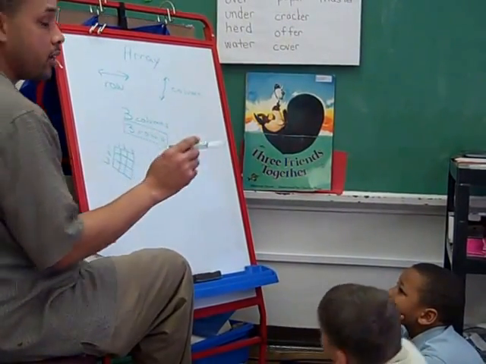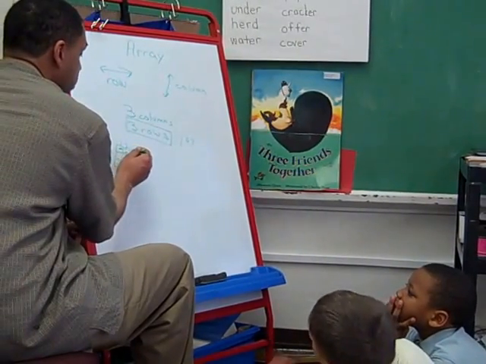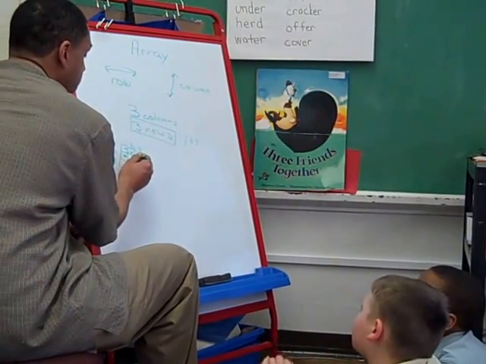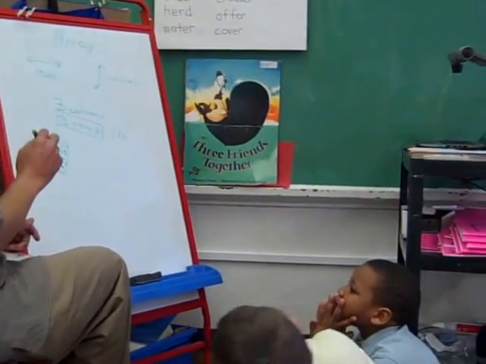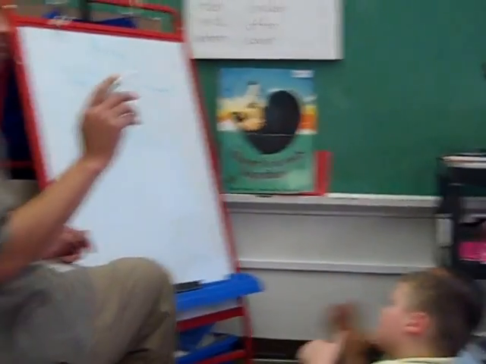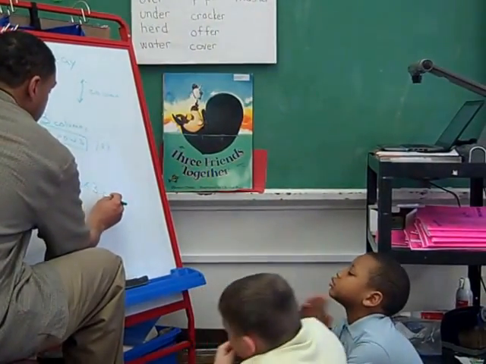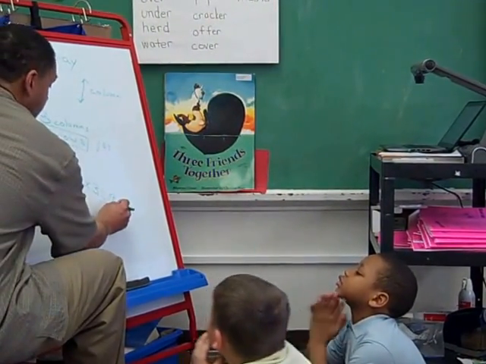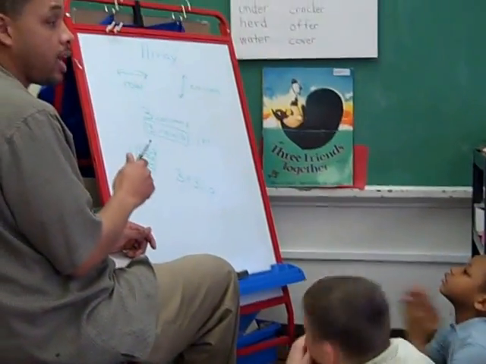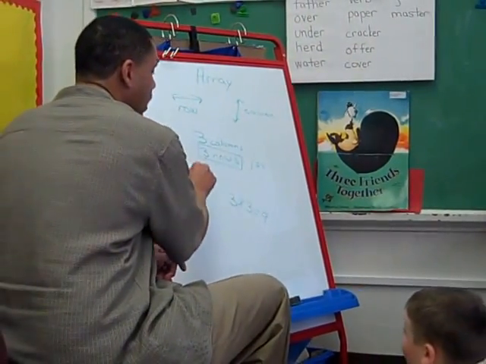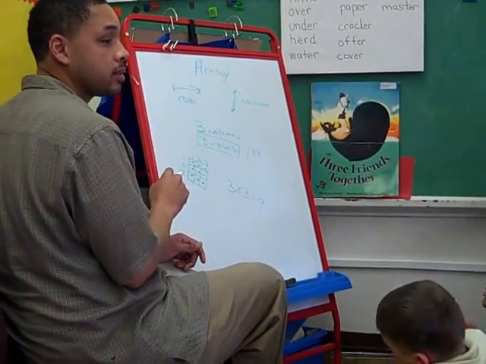Our second learning target is to count the total number of boxes. 1, 2, 3, 4, 5, 6, 7, 8, 9. Again, this is the basis for multiplication because 3 times 3 equals 9. This is what we're going to practice today: how to draw rows and columns in a rectangle and how to count the total number of boxes.